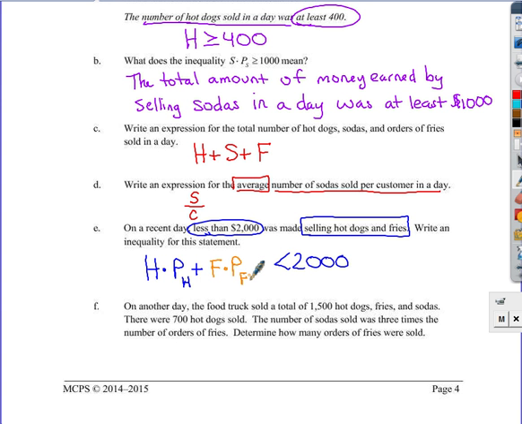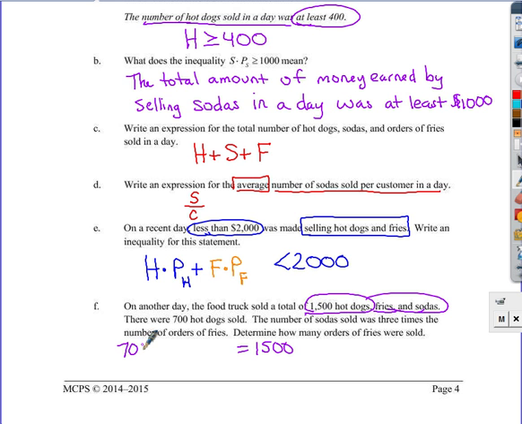The last problem: on another day, the food truck sold a total of 1,500 hot dogs, fries, and sodas. There were 700 hot dogs sold. So we have a total of 1,500 hot dogs, fries, and sodas. So all of this is a total. So we have a total of 1,500 items. And it says 700 were hot dogs.